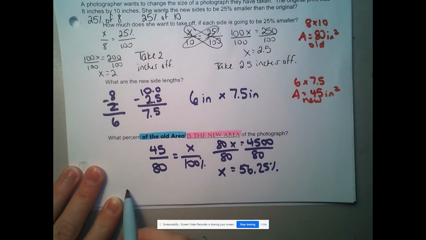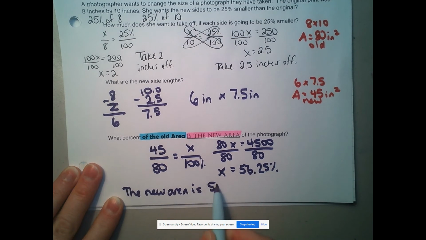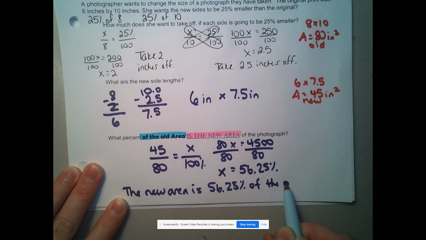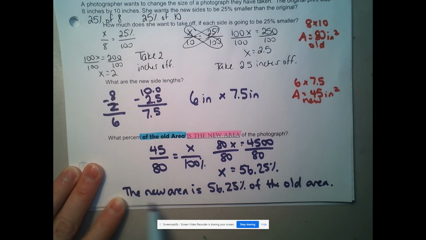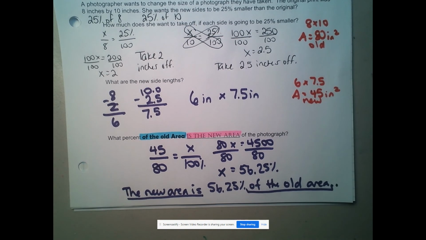So we would say the new area is 56.25% of the old area. Notice the new area is, I've got the word "is" with it, of the old area. So I really kept the same terminology.